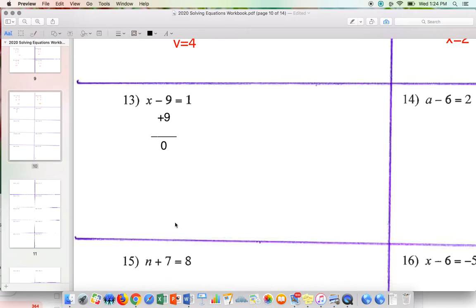What I do to one side of the equation, I do to the other. So if on this side of the equal sign I did plus 9, on the other side of the equation I'll do what? Okay, so I'm going to do plus 9 over here.